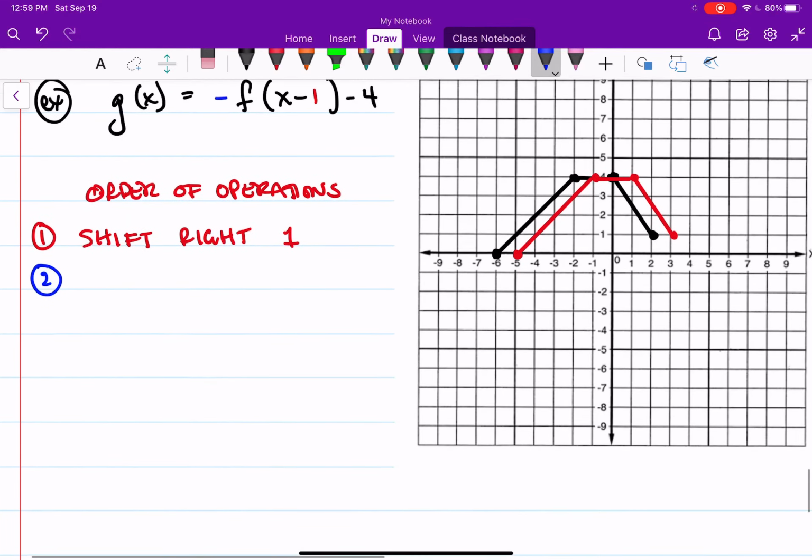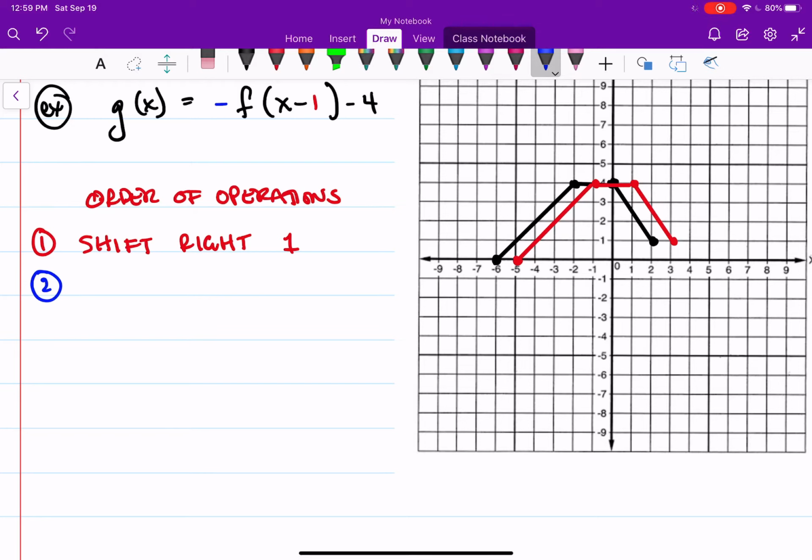So I'm negating the y value. So I'm making a positive y value become a negative y value, right? So I'm going to reflect over the x-axis.